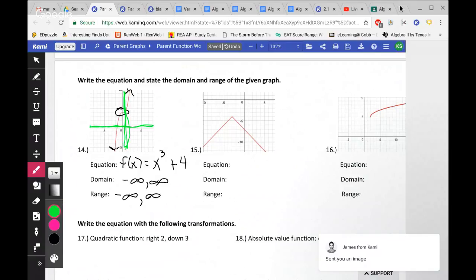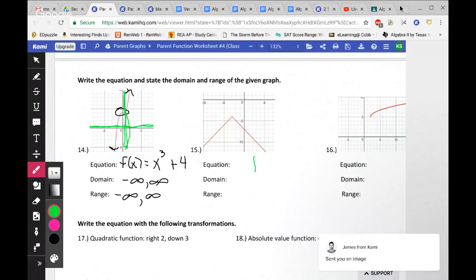Okay. All right. This next one is the absolute value. How is this one a little different? Is it going like every other absolute value? It went left 3, right? Down 4. Exactly.